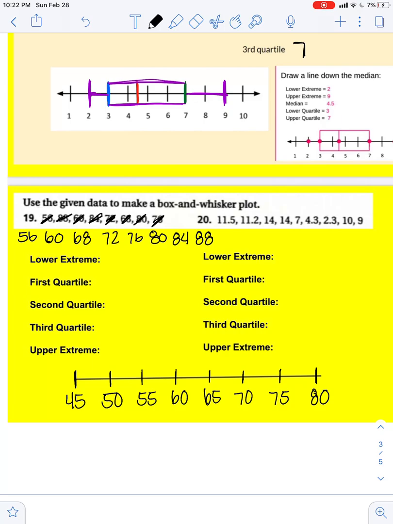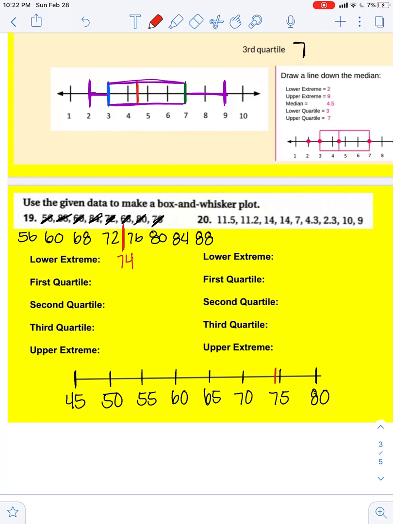So now let's find the median. We've got 1, 2, 3, 4, 5, 6, 7, 8 numbers. So the middle will be right here. I've got 4 numbers on each side, and right in the middle of those, between 72 and 76, will be 74. So that will be right here.